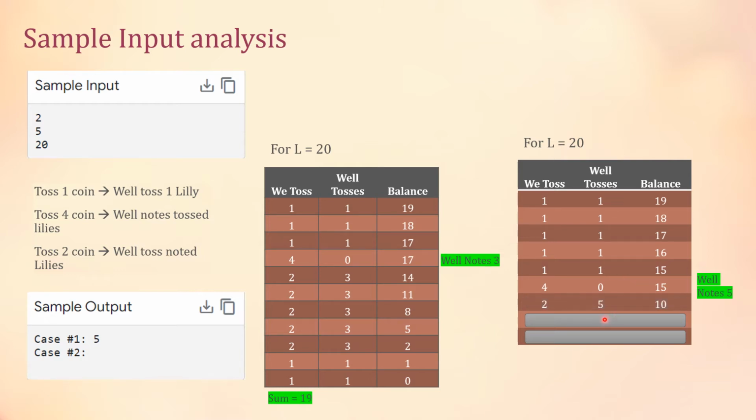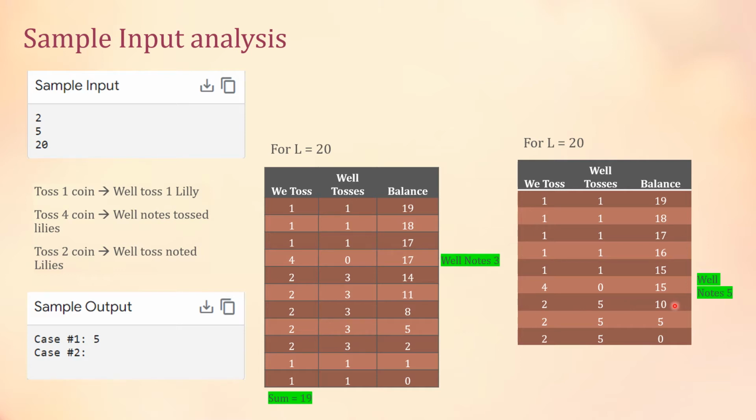Now here we have 15 coins left, and since the well notes 5, we can toss only 2 coins 3 times, because every time we toss 2 coins, it will toss 5 lilies each.